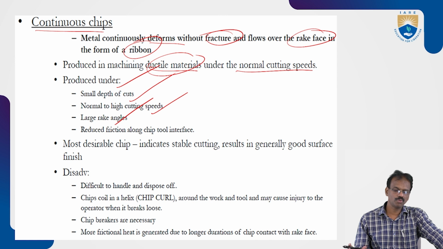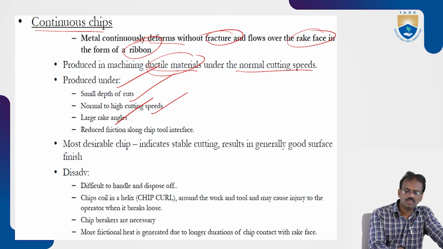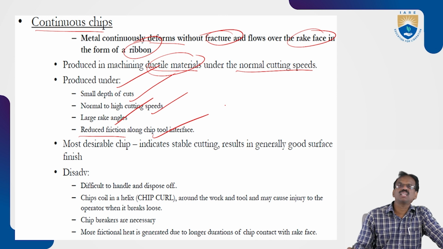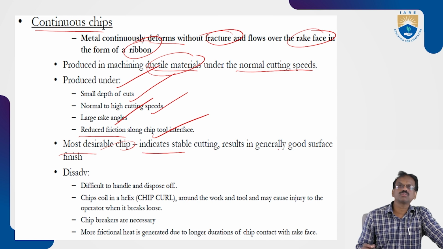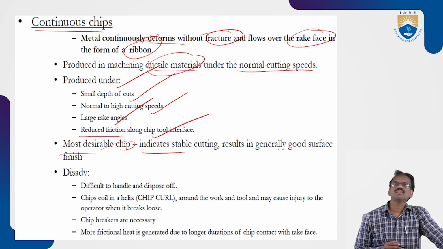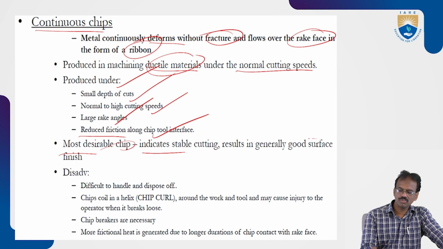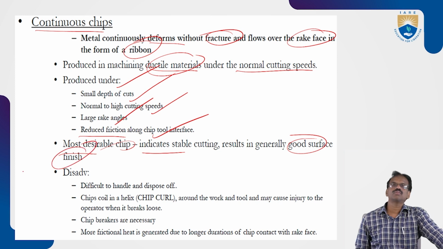If you provide a large rake angle, you will get a good surface finishing, and it reduces friction along the chip-tool interface. Next, these are the most desirable chips; they indicate stable cutting and generally result in good surface finishing. Here we'll get the good surface finishing.